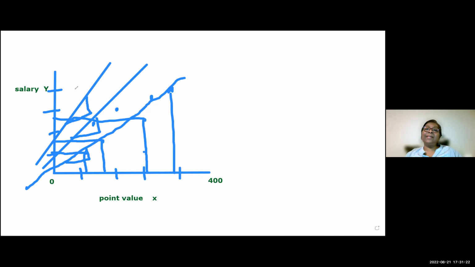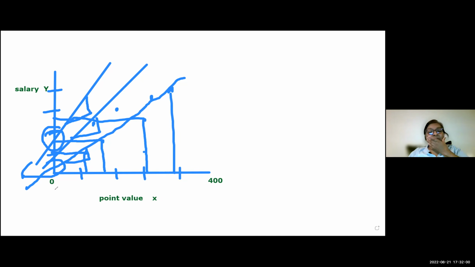Now we may ask, what is intercept? So slope you have understood. What is intercept? That is where the best fit line intercepts this point.